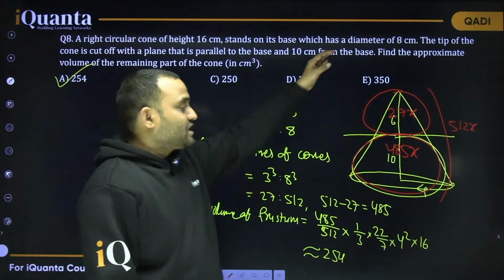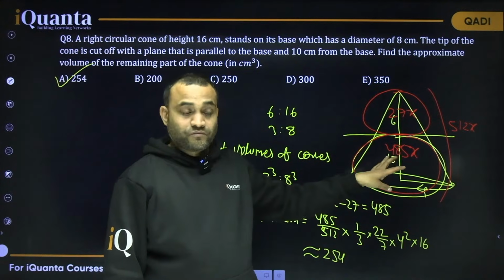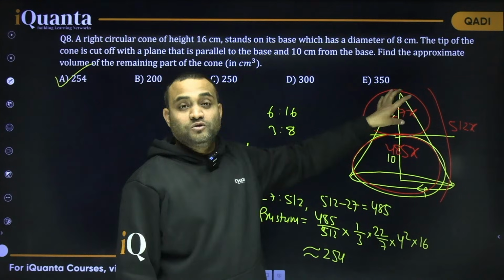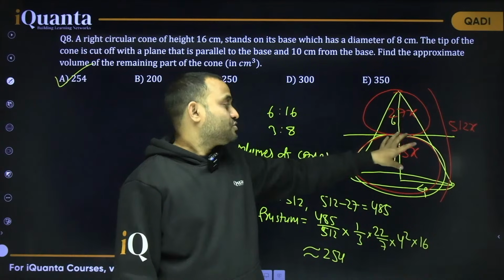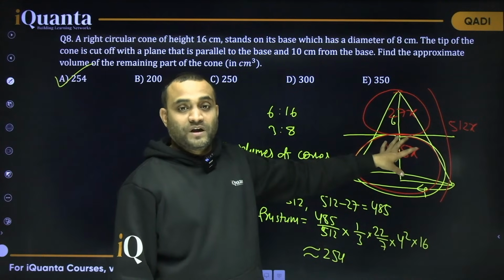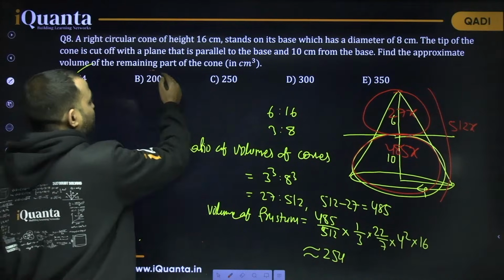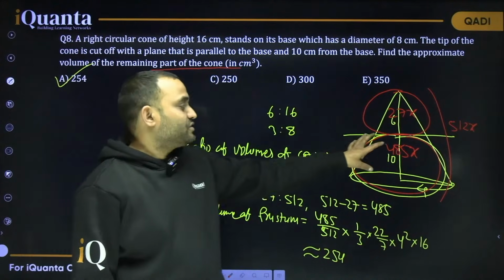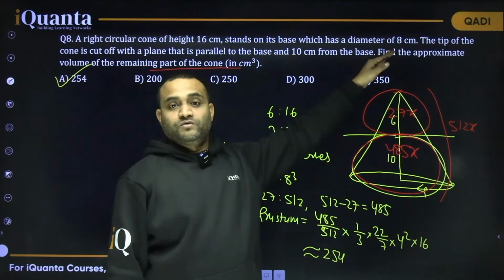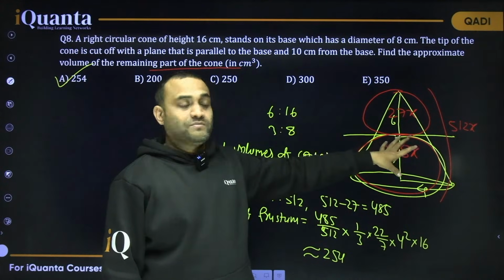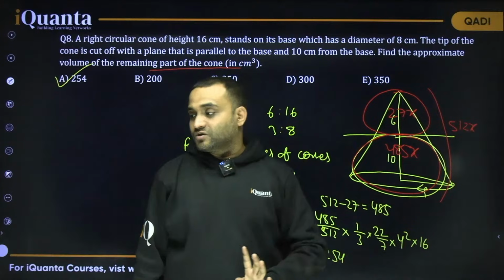Mishika, total volume is 512, of which this cone volume is 27. So this part volume is 485. It says find the approximate volume of the remaining part of the cone. Remaining part means this part we are talking about. This part is removed. So this part is 485 when the whole of them is 512. All right.